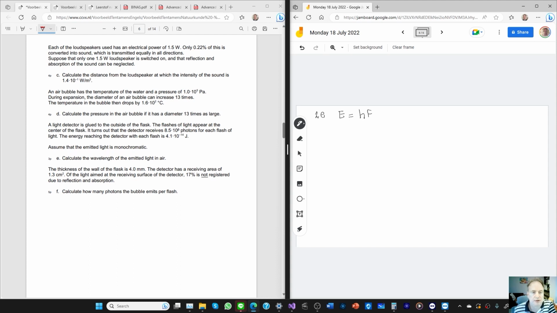So, since we know how much energy these photons consist of, we can figure out what the frequency is. So let's just first calculate the frequency from what we know.